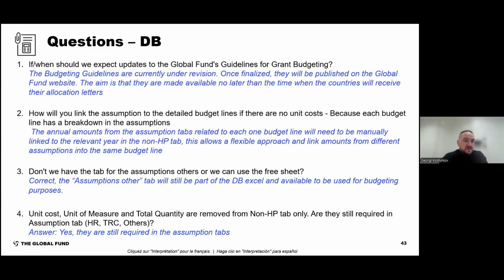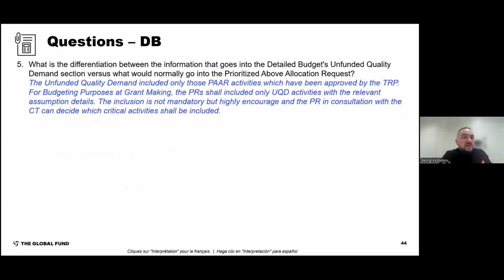Is there another question for detailed budget? We have one question on the next slide, please. What is the differentiation between the information that goes into the detailed budget's unfunded quality demand section versus what would normally go into the prioritized above allocation request?